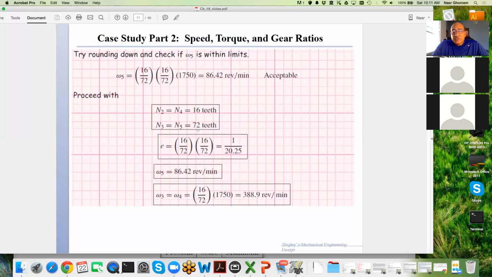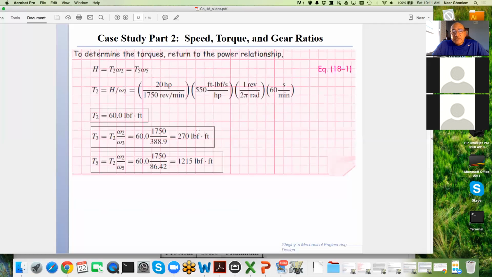So it has 72 teeth. So it's a large gear. So the large gear will have the highest torque acting on it, which is what you want here. Otherwise, it will break.